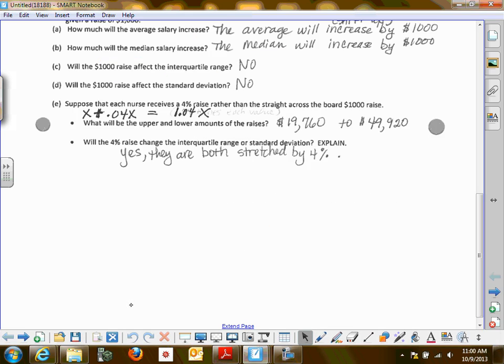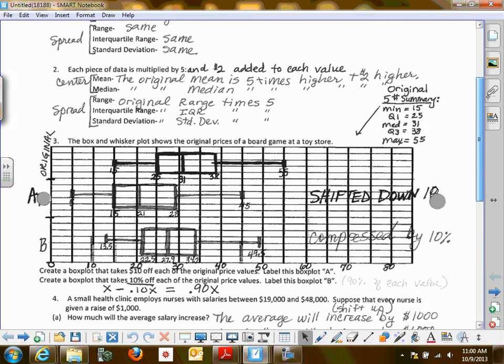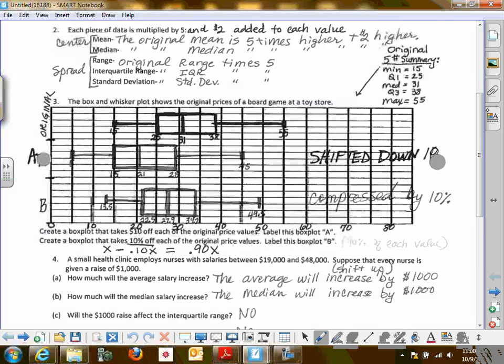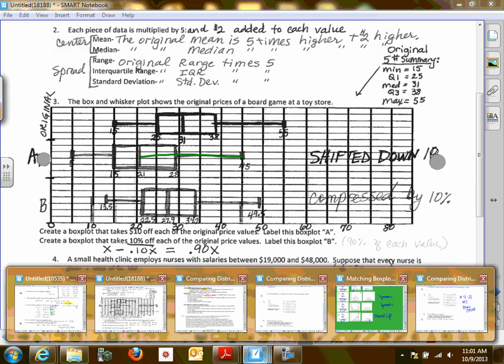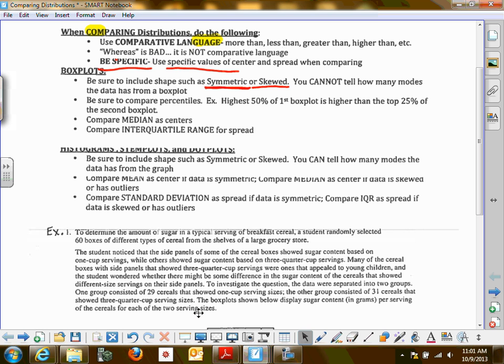Remember how I said on a box plot, you can tell that this one is slightly skewed to the right. But can you tell if this is unimodal or bimodal or multimodal data? No. You cannot tell how many modes there are by just looking at a box plot. Keep that in mind.